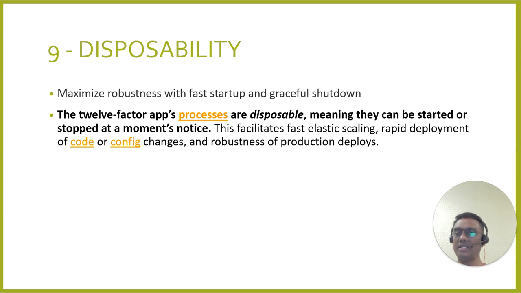And the ninth 12-factor app is disposability. The 12-factor app enforces a fast startup. If the microservices need to be brought up quickly, how fast they get deployed into the required instances is one of the most important points in disposability. The second point is graceful shutdown.